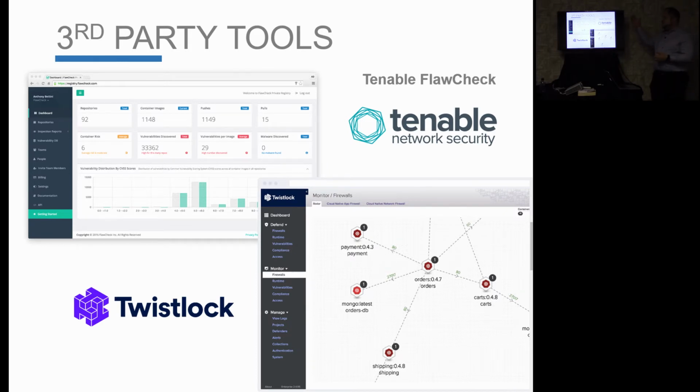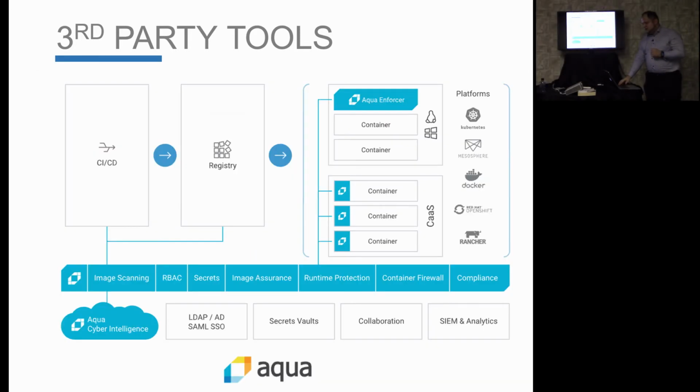So Tenable, you might know them, they make Nessus, the security scanner, or Twistlock, which also helps you visualize how the containers are related to one another. And then the golden diamond standard, I guess, for container security is a company called Aqua, which has this entire platform and ecosystem for Docker or container security.